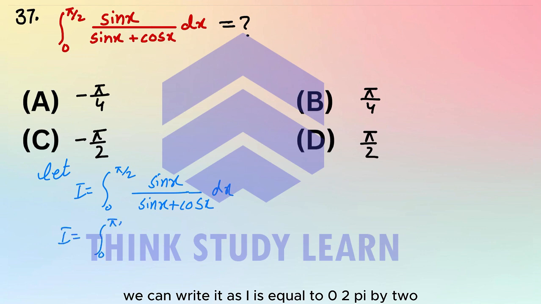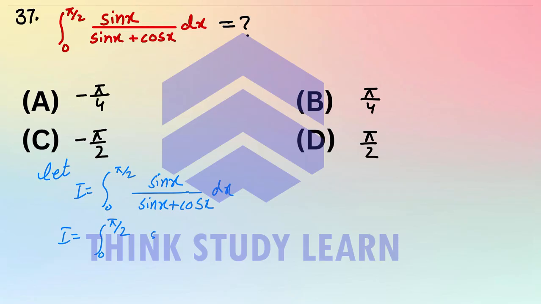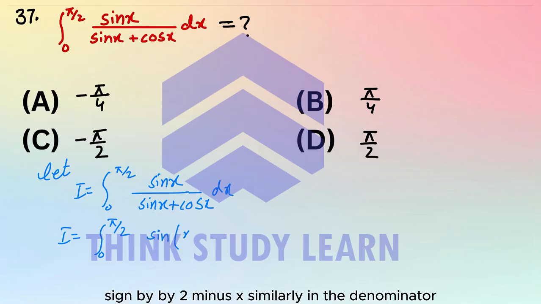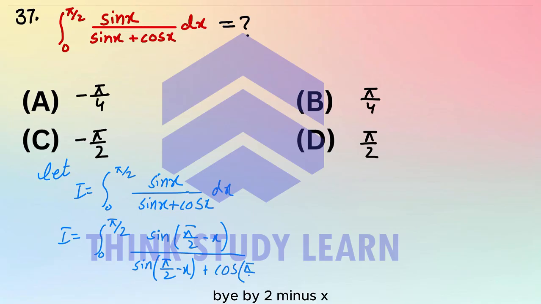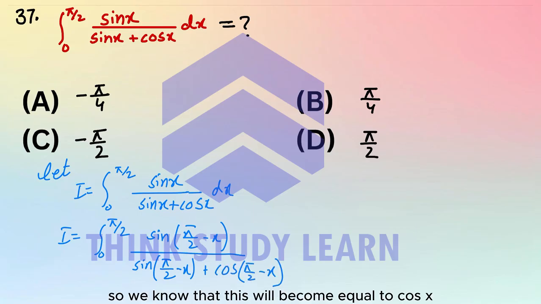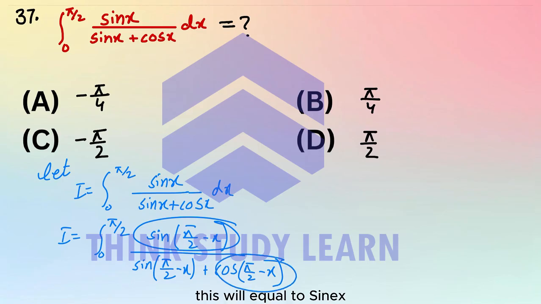Then according to that theorem which I have written previously, we can write it as I is equal to the integral from 0 to pi by 2 of sine (pi by 2 minus x). Similarly, in the denominator, it will become sine (pi by 2 minus x) plus cos (pi by 2 minus x). So we know that this will become equal to cos x, this will be equal to sine x, and this will also be equal to cos x.